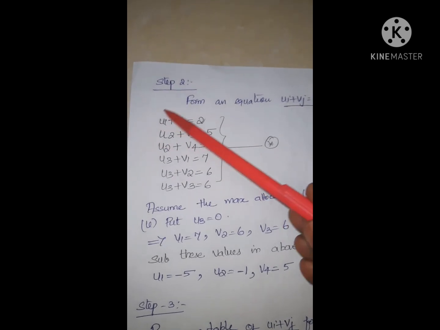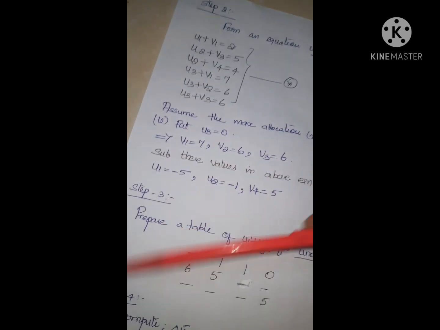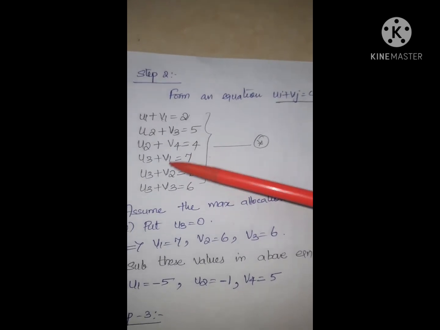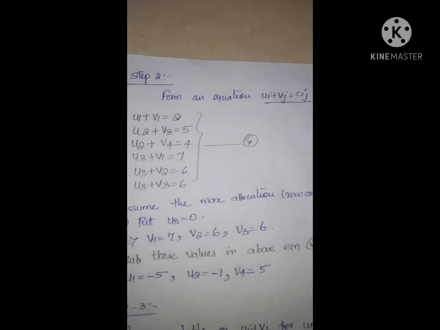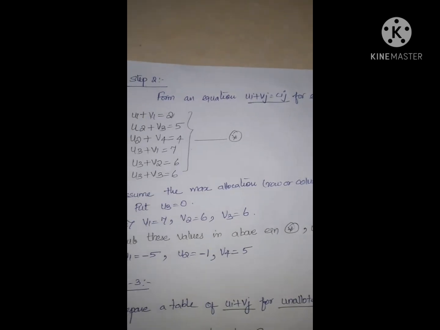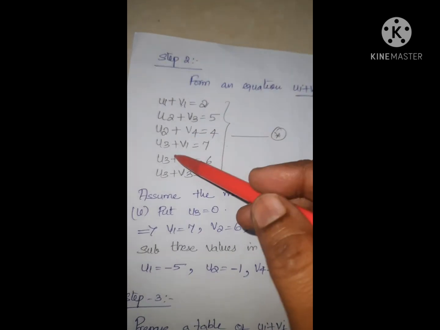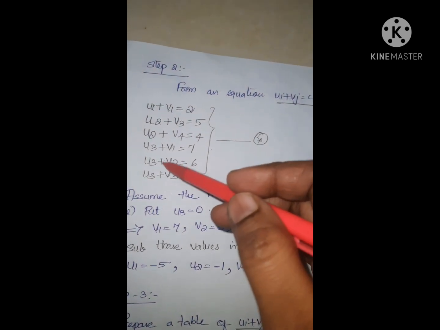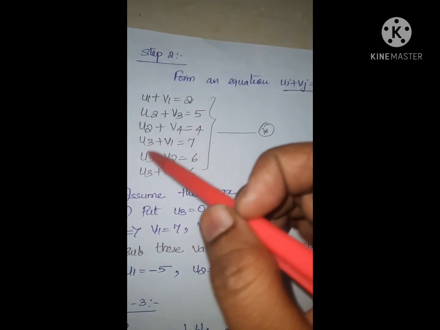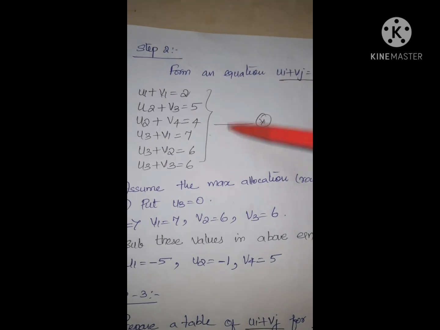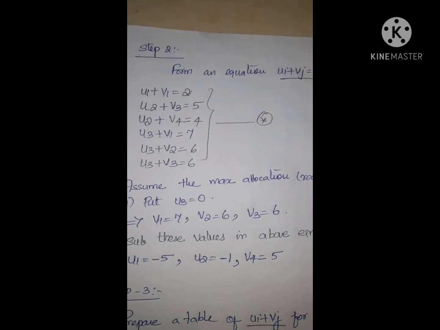Here we find all our ui and vj are constants. Let us find the values of all the constants. In order to do so, we fix one of the variables as 0. Assume one of the values, either a ui or a vj, as 0.